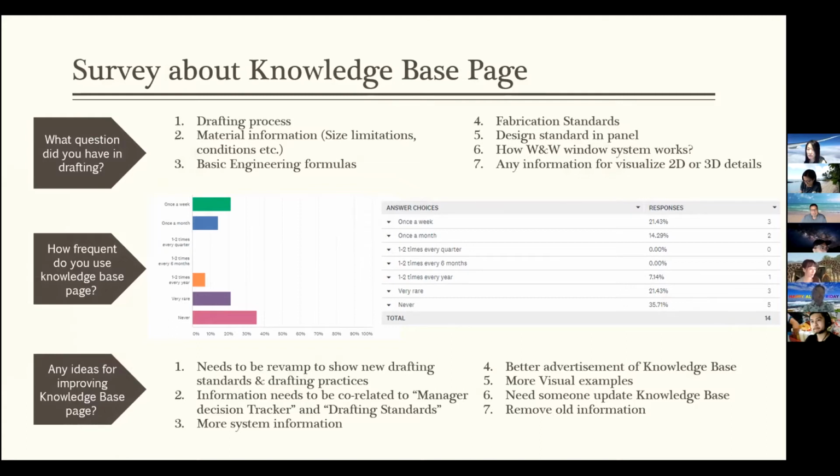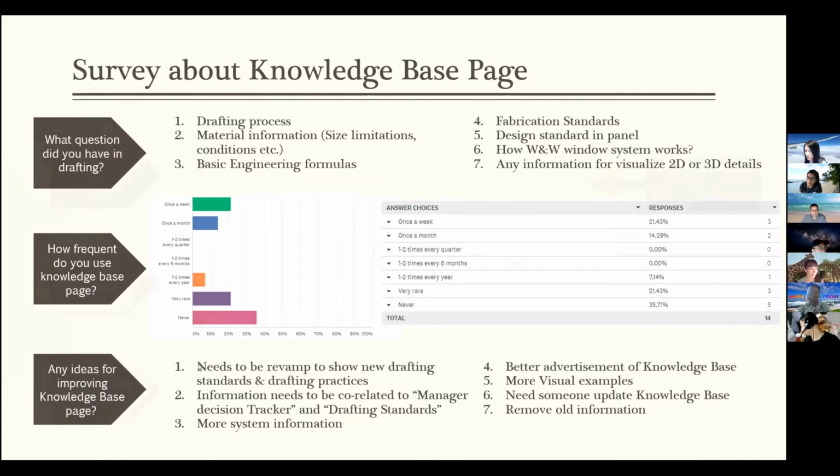Number 3, more system information, and then also better advertisement of the knowledge base, since we know that a lot of people don't know this page exists or use it very rarely. And also more visual examples. Number 6 and number 7 are related. We need someone to update the knowledge base, and it seems the information is out of date, so we need to remove or clean up a lot of it.